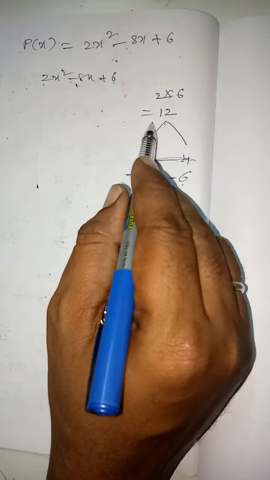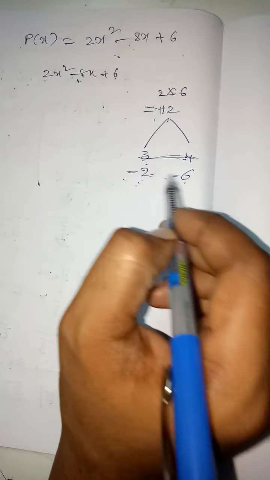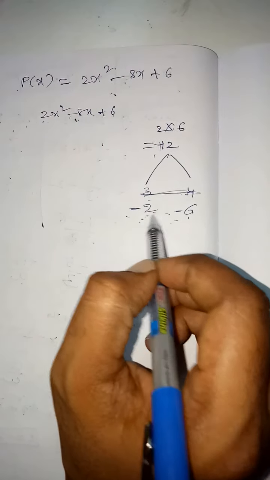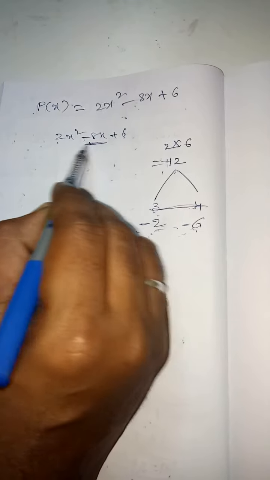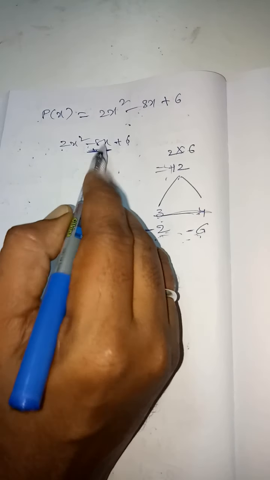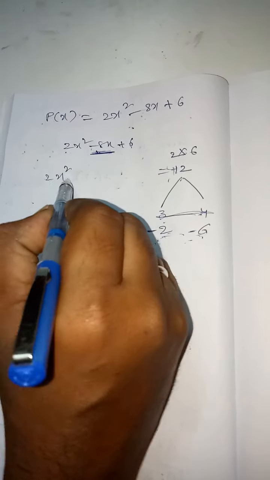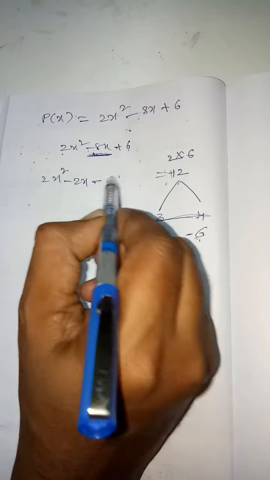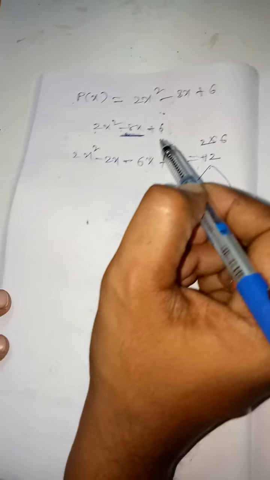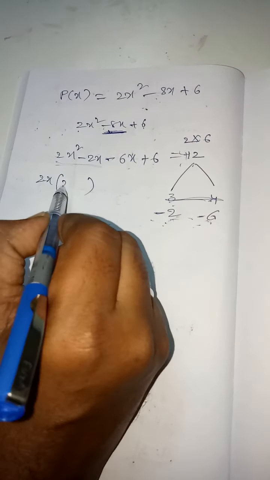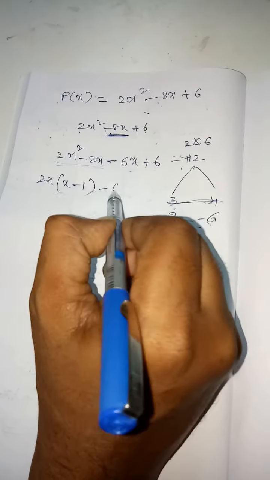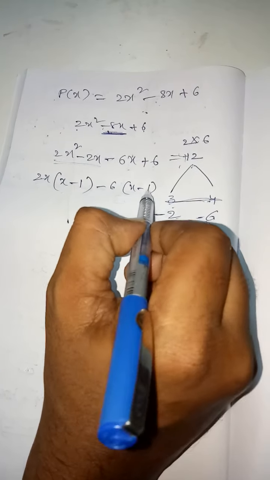Minus into minus is plus, 2 threes are 6. Replace minus 8x by these two terms: 2x square minus 2x minus 6x plus 6. Here I am taking 2x common, x minus 1. Here minus 6 is common, x minus 1.